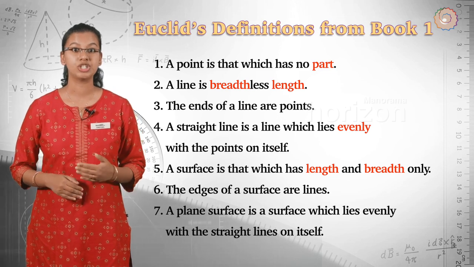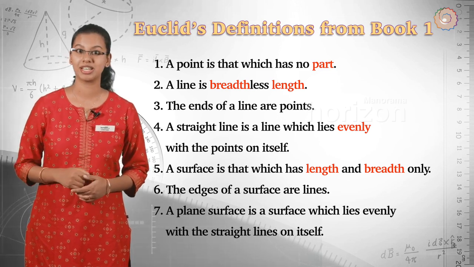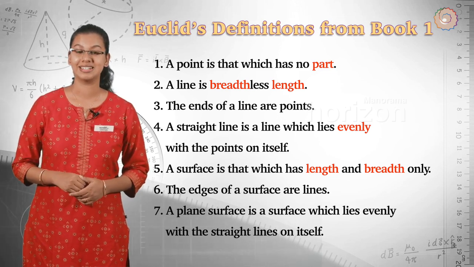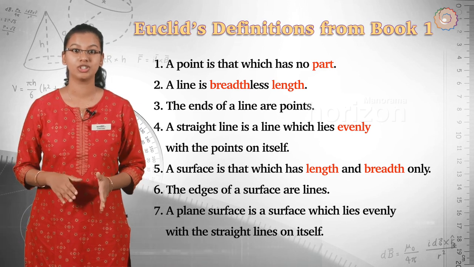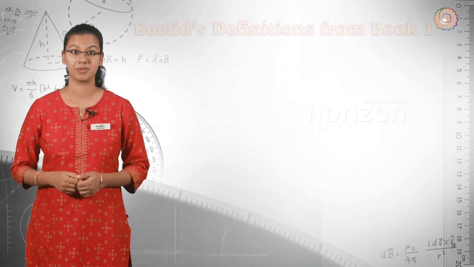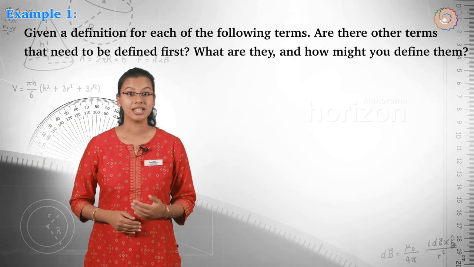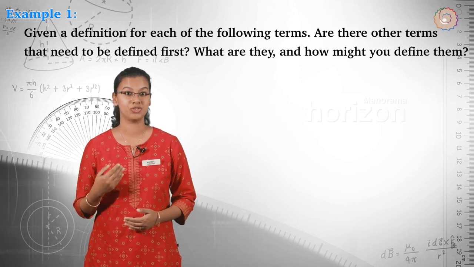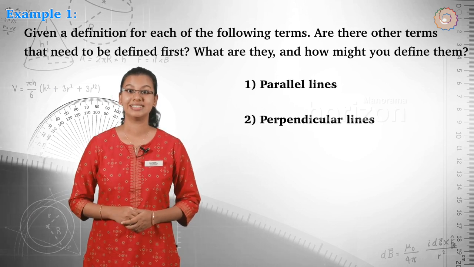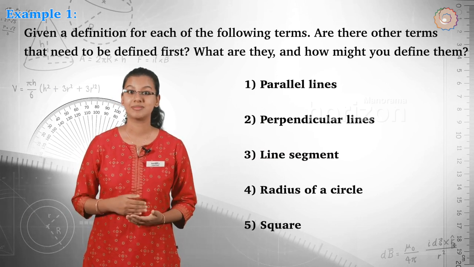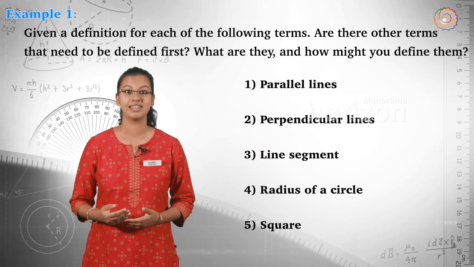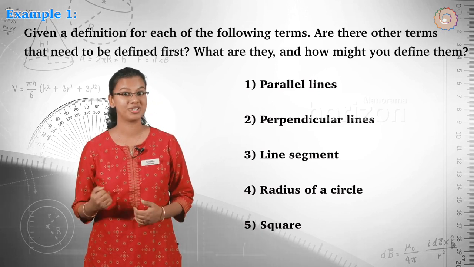However, by an intuitive feeling for the geometric concept, we can consider a point as a dot even though a dot has some dimension. Now, using our intuitive feeling for the concept of geometry, let's define these terms. If these terms had a definition, then are there other terms that need to be defined?